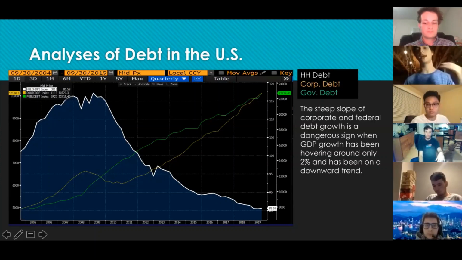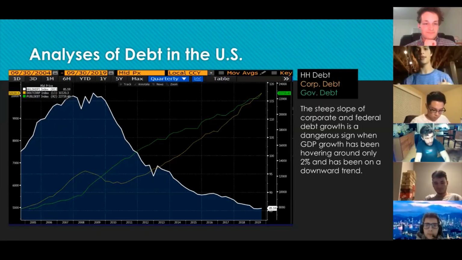If the income is growing at a slower rate than the debt, we're becoming more vulnerable and more leveraged. And all we need is something to pop the bubble. And this was happening both for corporate and government debt.